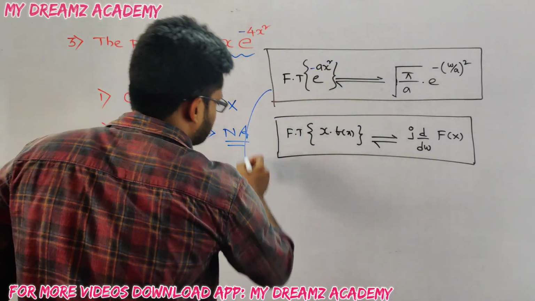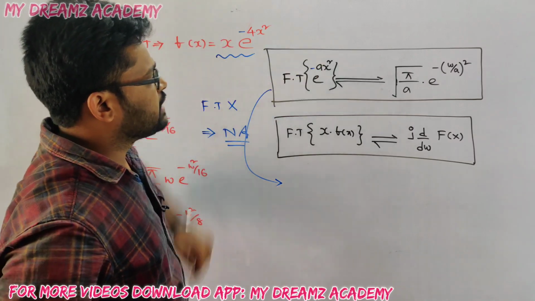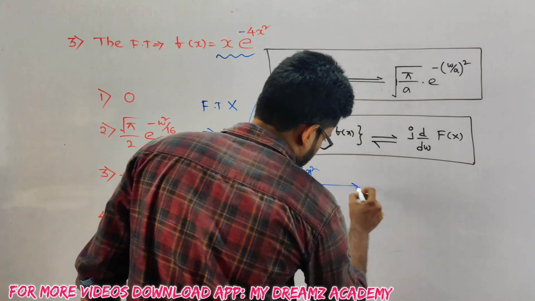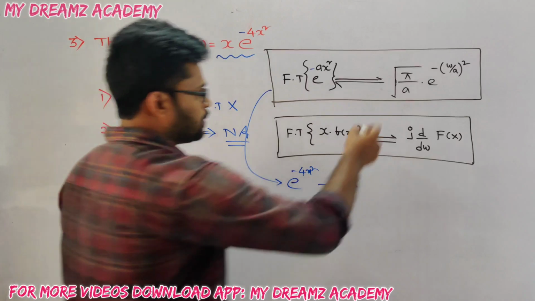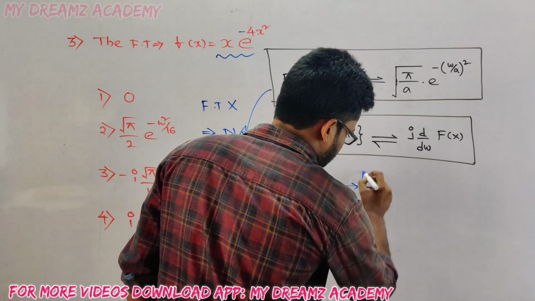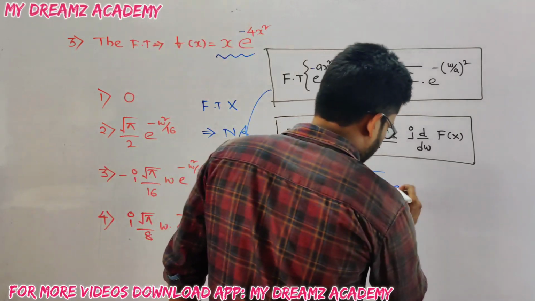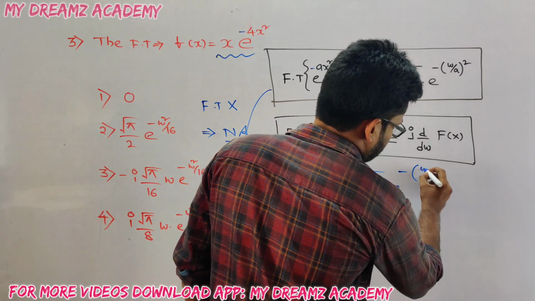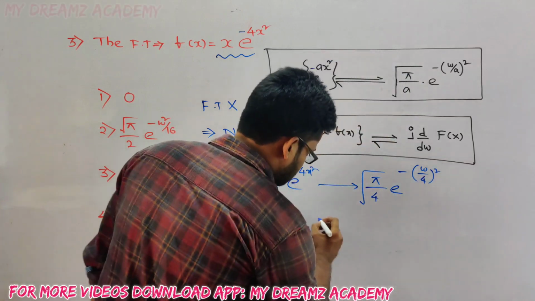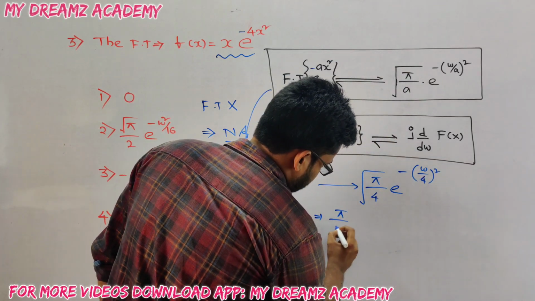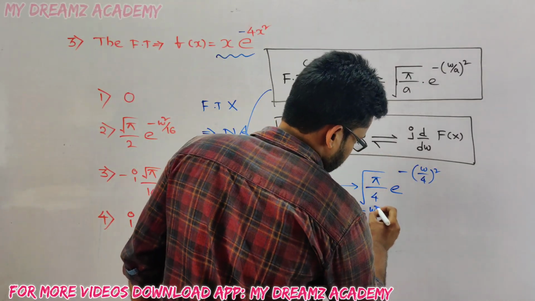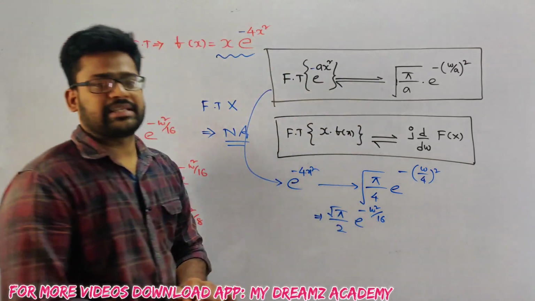From this, e to the power of minus 4x square, the Fourier transform will give under root of pi divided by a, which is 4, so under root of pi by 4, e to the power of minus omega square divided by 16, which is root pi by 2 e to the power of minus omega square divided by 16.